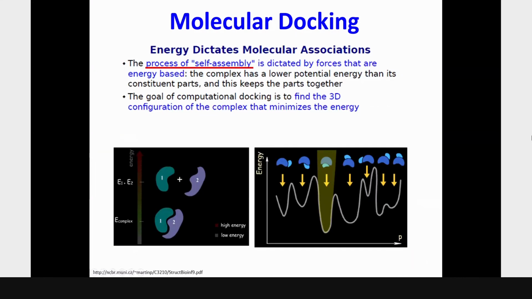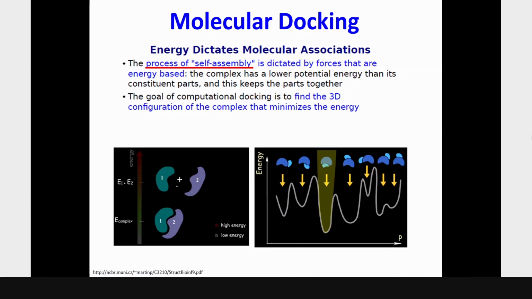Now, when I'm saying you want to identify the minimum energy, what does it mean? In this example you can see two things are there. One you can consider to be a receptor, and another is a pharmaceutical compound. Here in this example the pharmaceutical compound has been shown as a very big structure, but you can consider two things binding to each other.